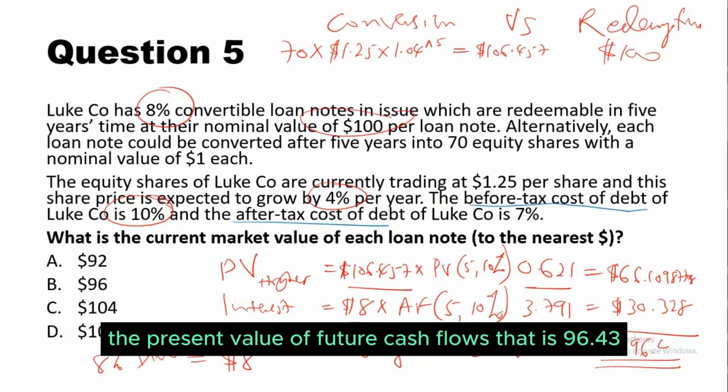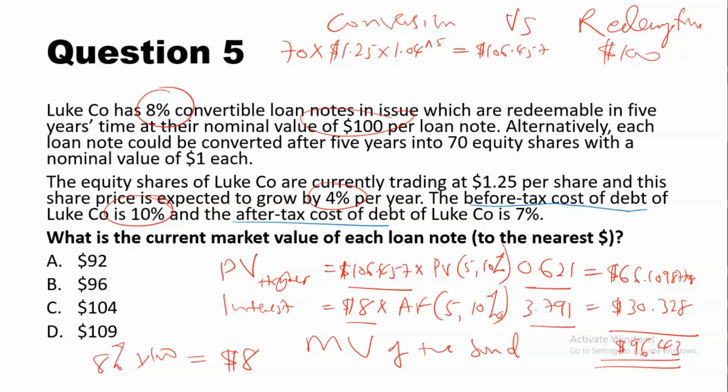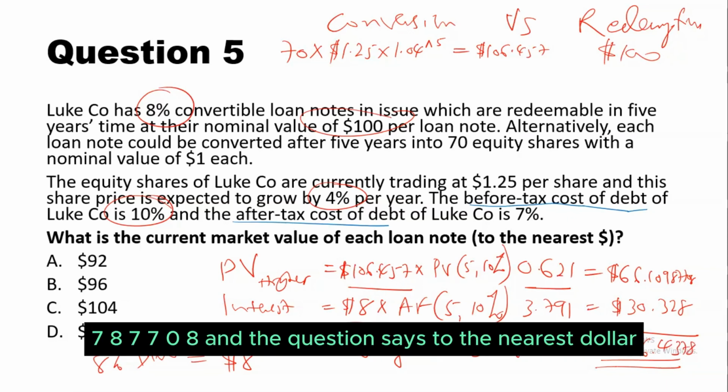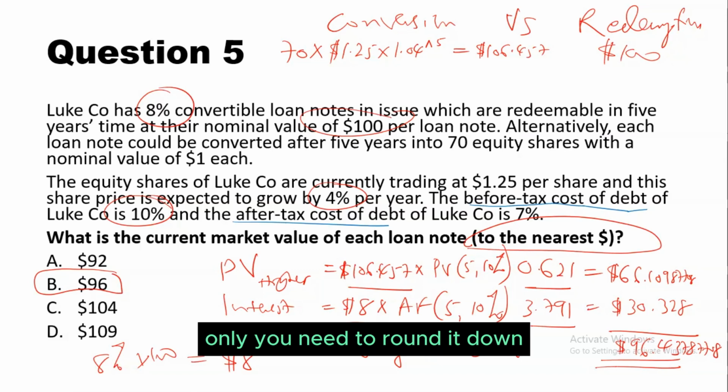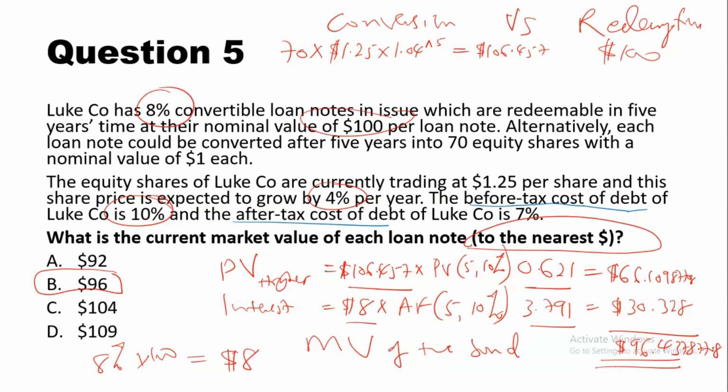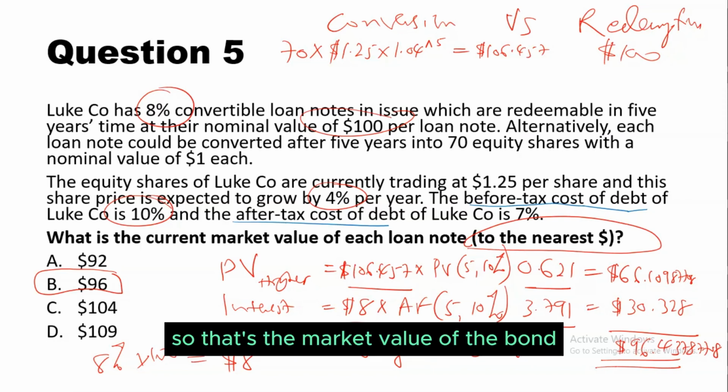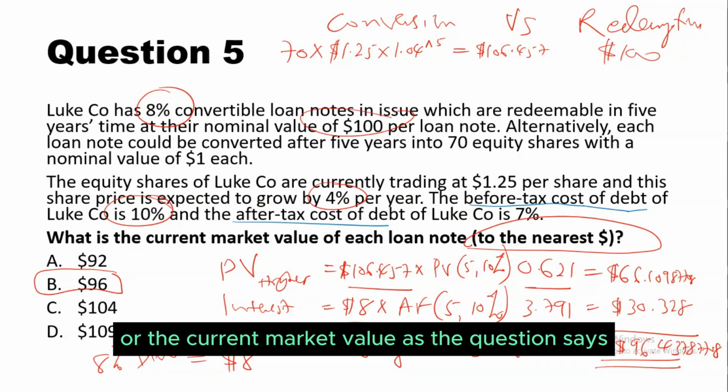That is 96.43787708. And the question says to the nearest dollar, which means your answer should be $96 only. You need to round it down. So that's the current market value, as the question says.